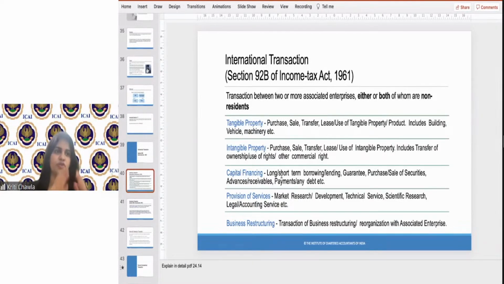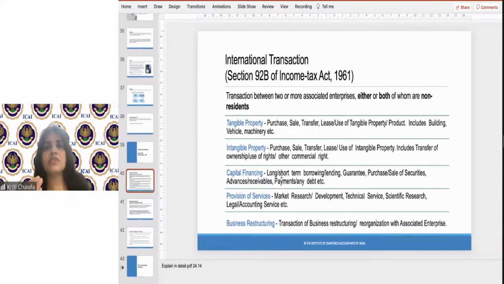If one enterprise is selling any tangible property, building, vehicle, materials, plant and machinery, laptop, any article, that is being sold to another enterprise, then this is an international transaction. It could be a sale transaction, a purchase transaction, a lease transaction, or a transfer transaction, etc. They are very widely worded, and all these transactions will be within the purview of an international transaction.